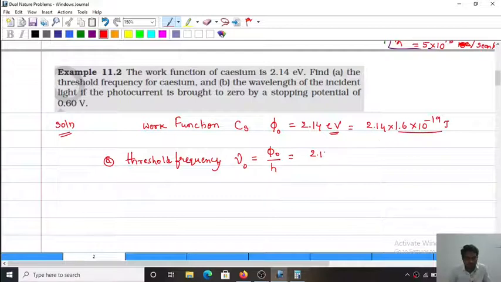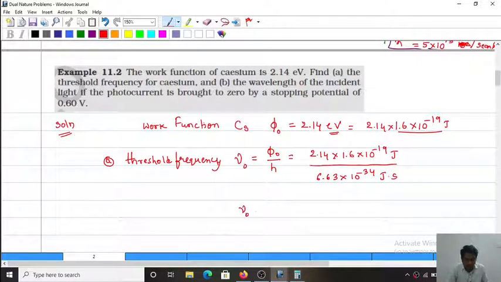So 2.14 electron volts times 1.6 into 10 power of minus 19 joules, divided by Planck's constant, which is 6.63 into 10 power of minus 34 joule second.